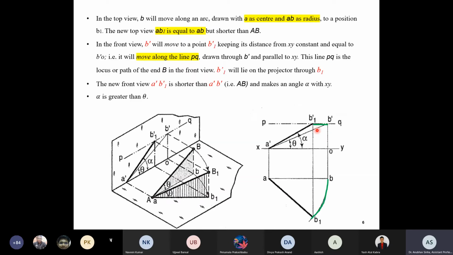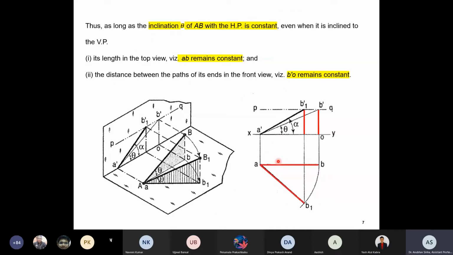If I go to the next slide, what I am basically doing here is rotating along this line, and in the front view it will go from B dash to B1 dash. So what I can say about this projection is that once I am rotating from AB to AB1, these two lengths remain the same, and we can make a circle with the radius AB.